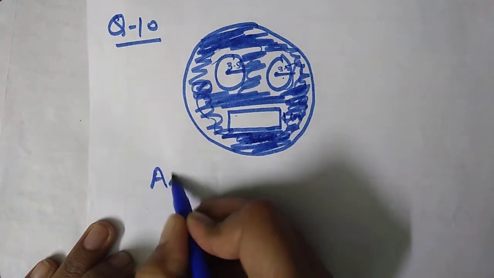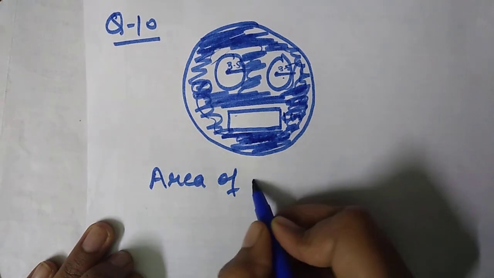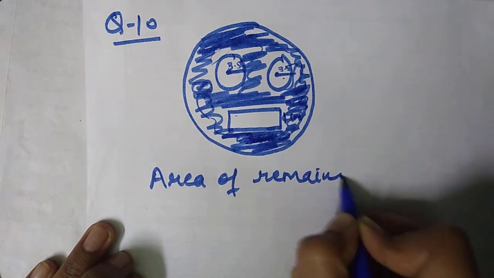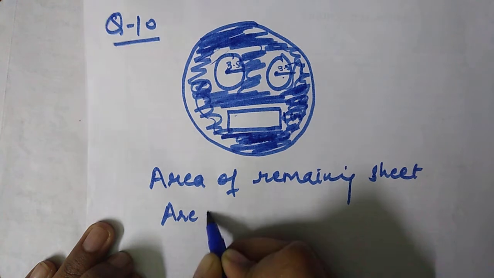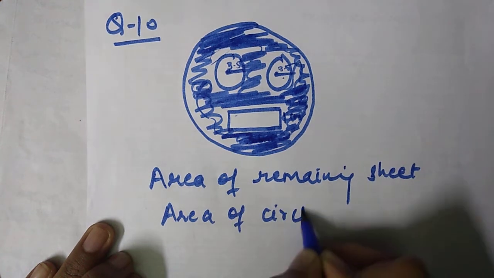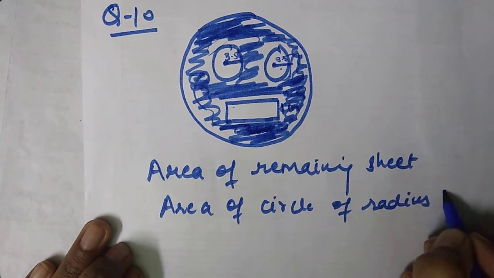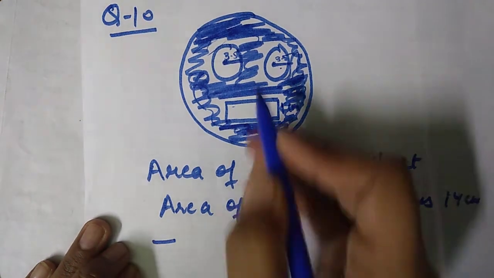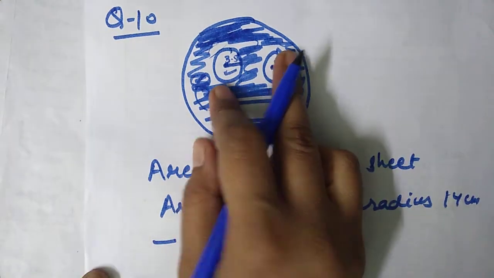So area of remaining sheet, I am just giving hint to this question. Area of remaining sheet will be area of circle of radius 14 centimeter minus area of this circle, as they are equal because they are having same radius.